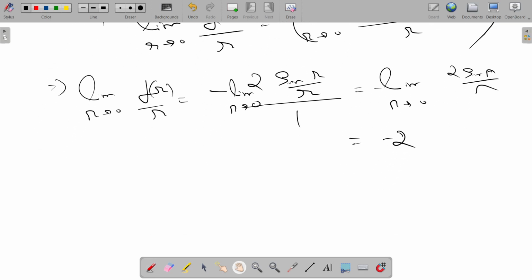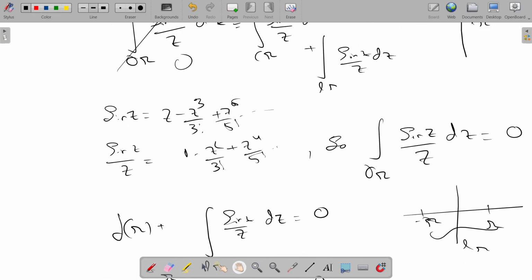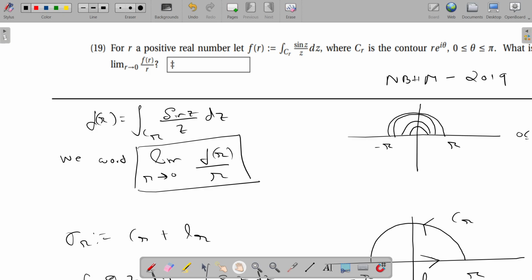So here is our answer: the limit as r tends to 0 of f of r by r is minus 2. It's a pretty nice question.